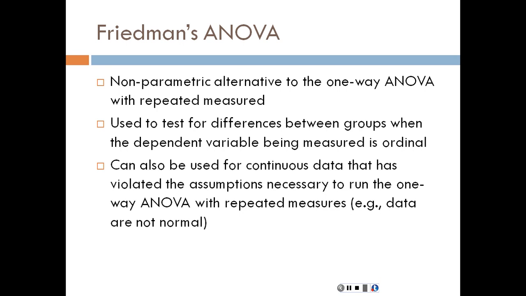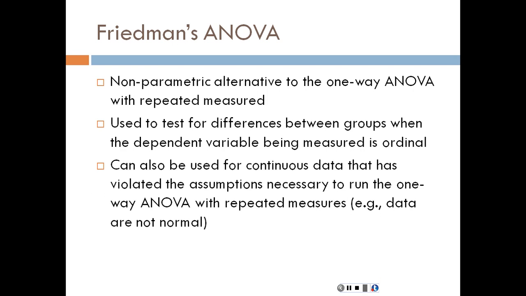We can collect data multiple times to see if there's a change in scores. So if I'm looking at my students' test scores throughout the school year, I would use Friedman's ANOVA for that, because it's repeated measures and it can be related groups.